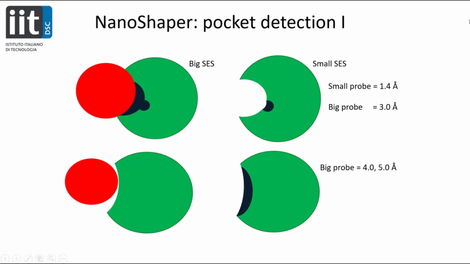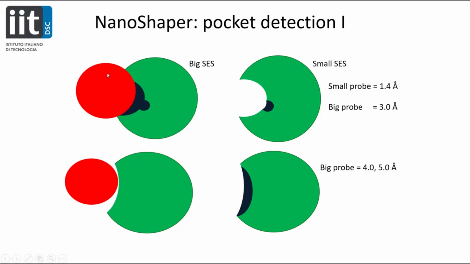So we have here a small probe, so this pocket is closed by the rolling of the water molecule. And then we use another probe, a much bigger one, for instance 3 angstrom, which is the default radius that we use for this virtual rolling probe. And what we obtain is this part here in black, which is the interior of the surface. So this is our definition of pocket. It is 2 rolling probes, and then the volumetric difference between the 2 maps gives us the pocket.